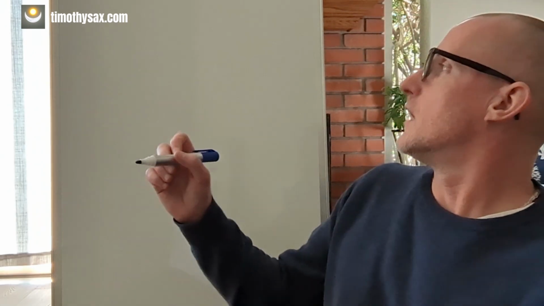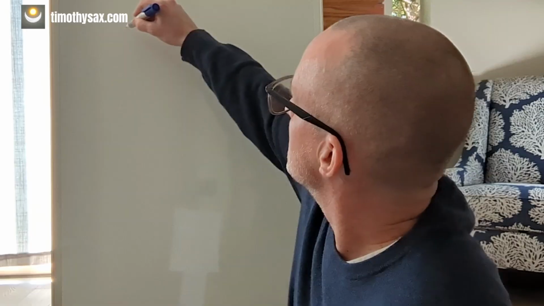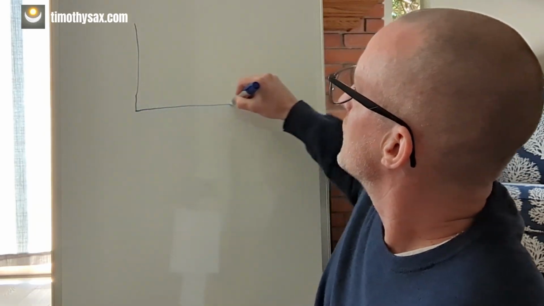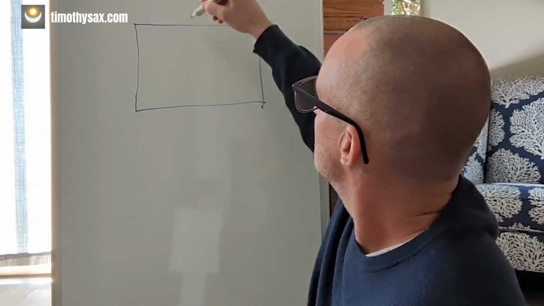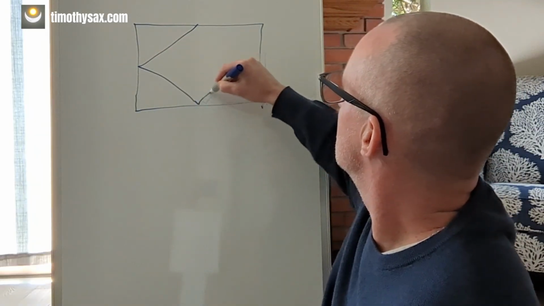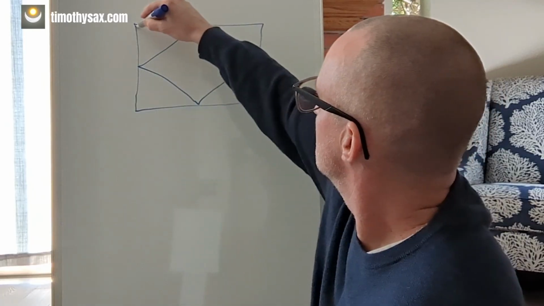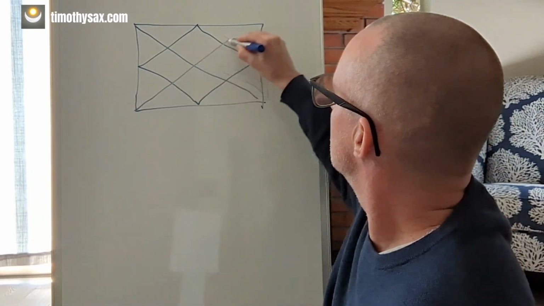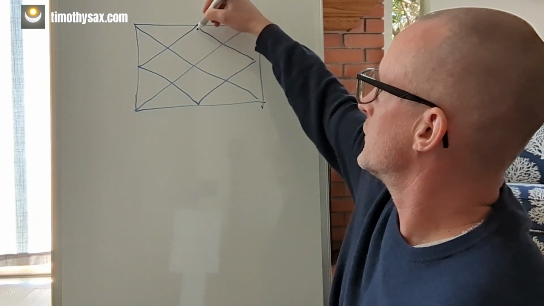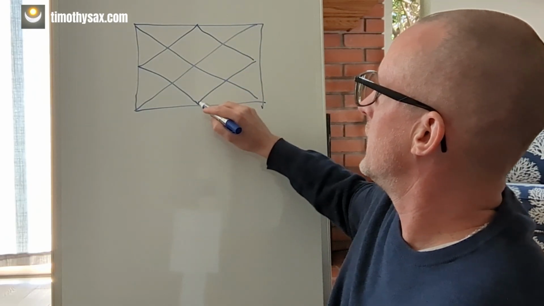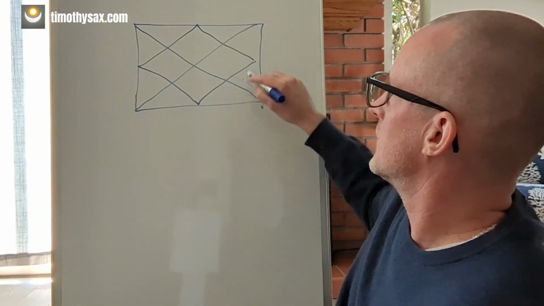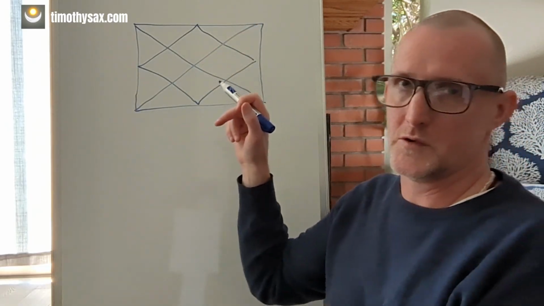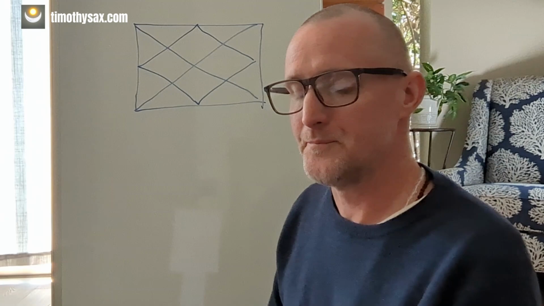So I'm going to draw the North Indian chart. If you recall, this is the first house, and this is the seventh house, 4th, 10th, and we count counterclockwise. But I don't put the numbers there. When I put numbers, it means the sign.